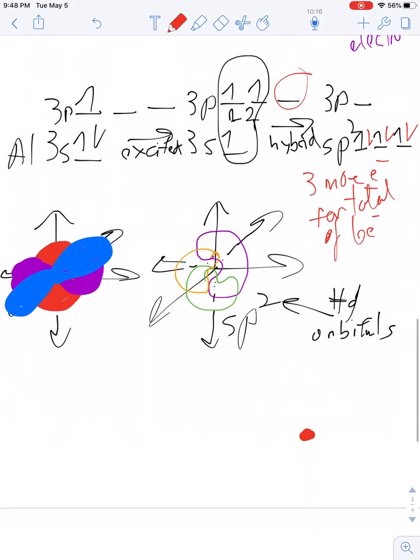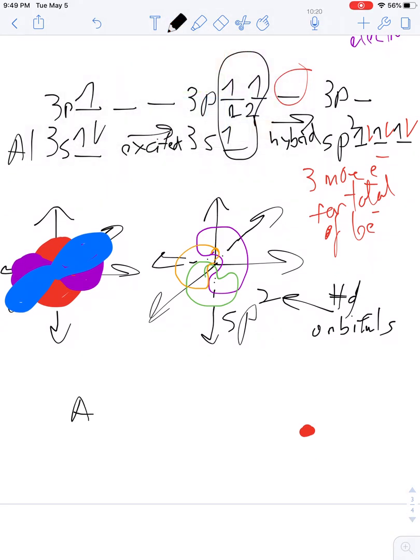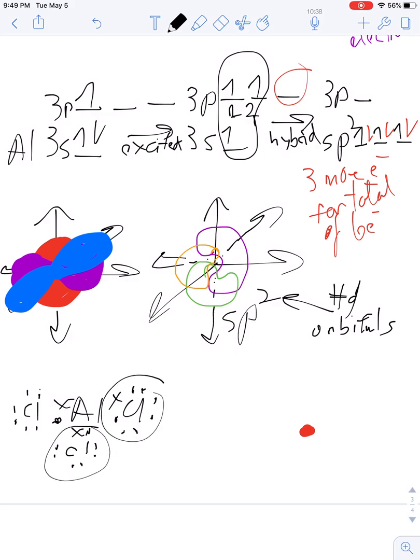And now the aluminum would do this. All right. There we go.